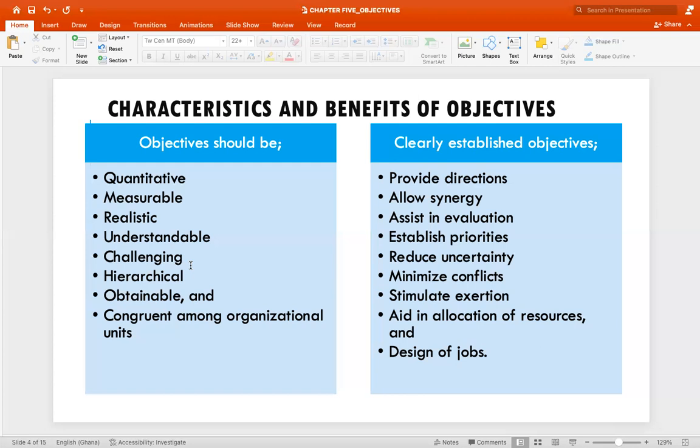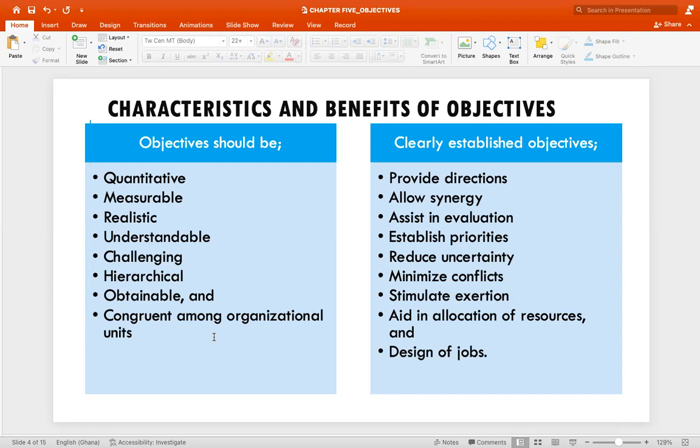Then the last one, congruence among organizational units. So the objective should call for collaboration and effort on the part of the various functional areas of the business. It may be the target for marketing, but you need the support of, say, production to make sure those targets are met.